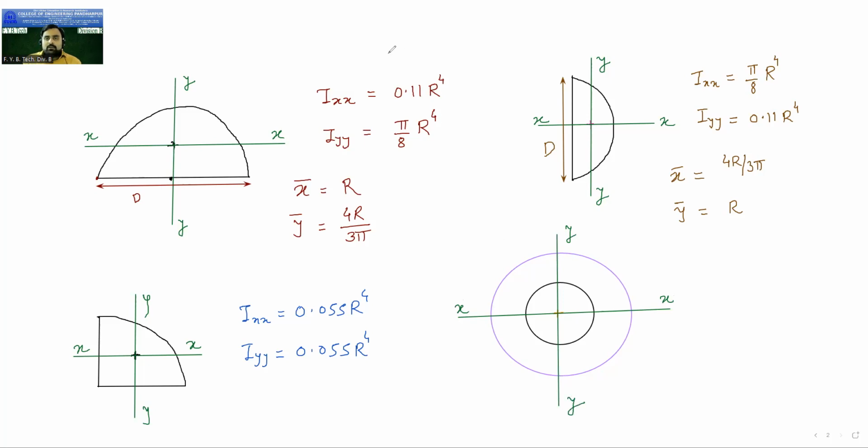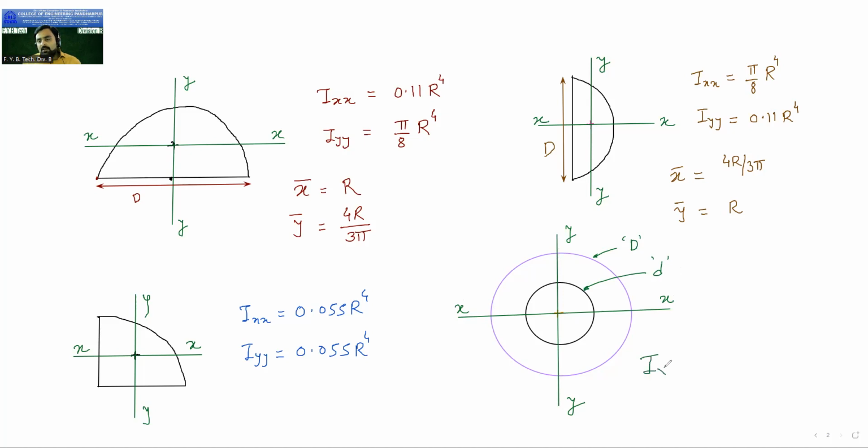Now you know that internal diameter is small d. See here, this circle is having diameter small d. Okay, and this circle is having diameter capital D, external diameter. Now I want to calculate Ixx and Iyy. Okay.